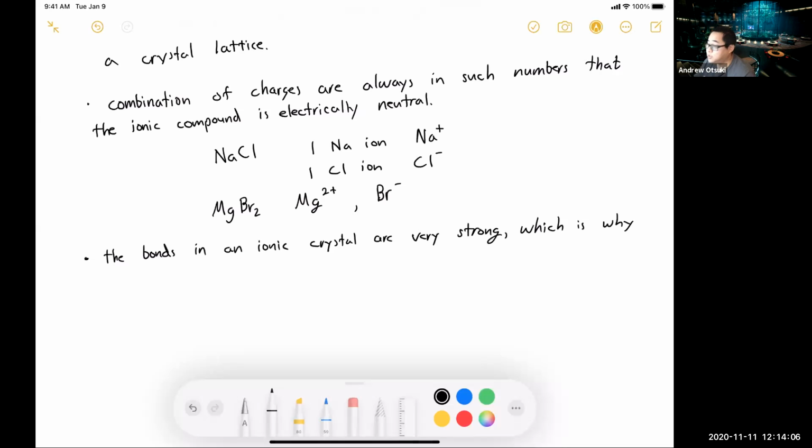So, which is why nearly all ionic compounds are solids at room temperature. The strong ionic bonds are a consequence of this, and it also explains why ionic compounds tend to have very high melting points. So it's not very easy to melt them. They are solids at room temperature.